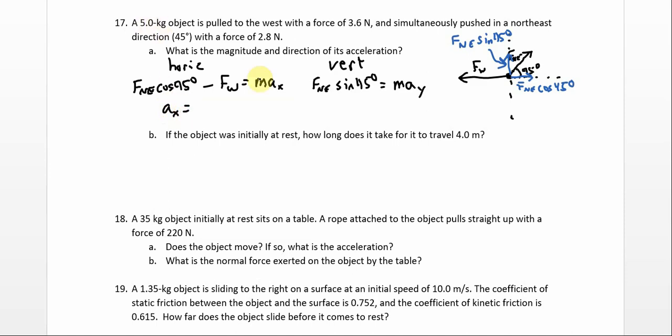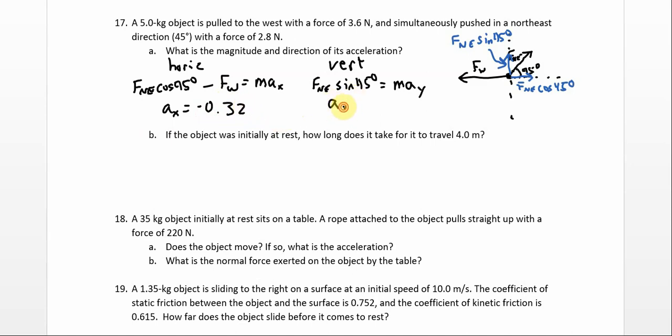Because I have limited space here, I will just write the final answer there, but it's just dividing by m. So we will have 2.8 times the cosine of 45 degrees minus 3.6, and that all gets divided by 5, and that gives me negative 0.324.